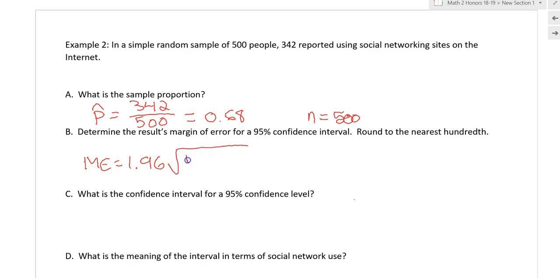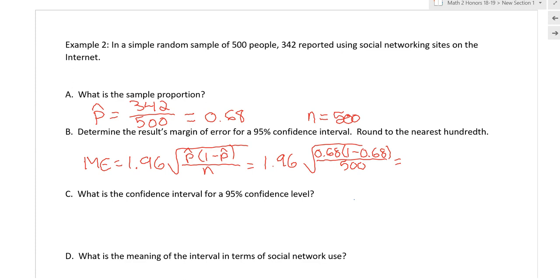So, margin of error. This is another formula you have to have memorized. So writing it on every problem will help you remember it. p hat is 0.68, 1 minus 0.68, over n, which is 500.